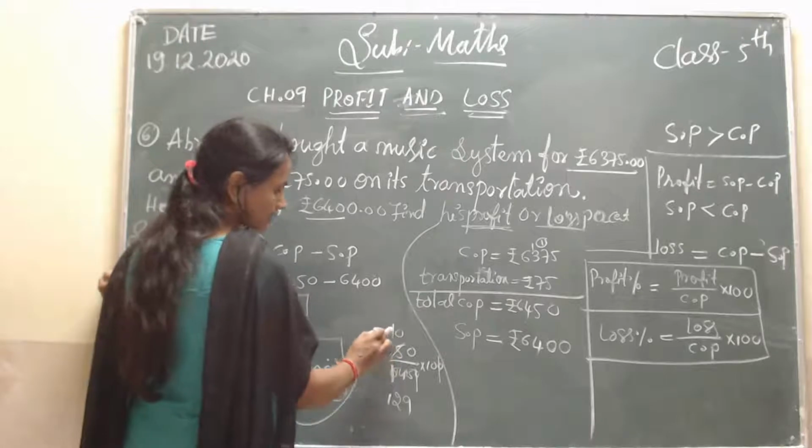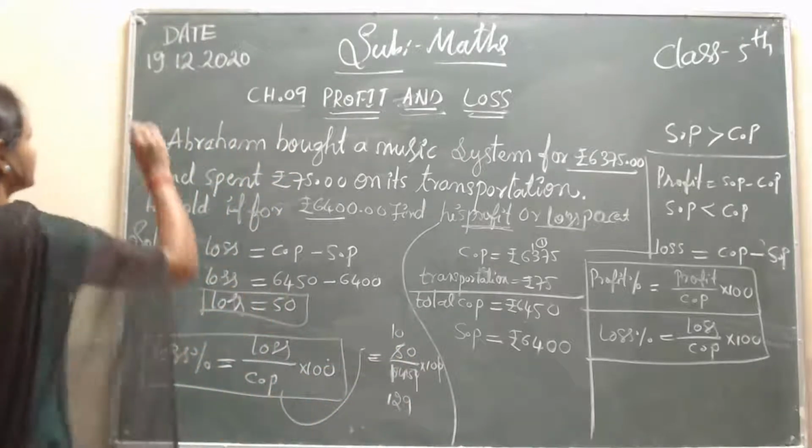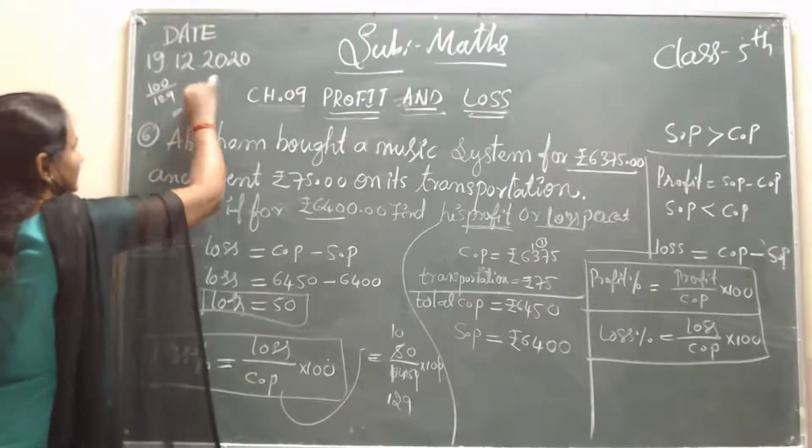So next, students, can you see 10 into 10? That is 100. 10 into 10, 100 by 129, and you do divide.